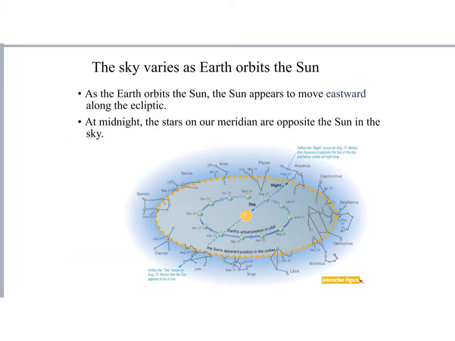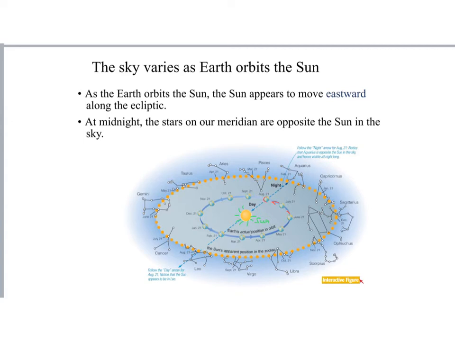Here's another way of looking at the same thing, and maybe also helping with understanding why the sky varies as the earth orbits the sun. Okay, so we have the sun here, and the earth moving around in its orbit, and it's going to take 365 days, or 12 months, and we have labeled some days in each month.